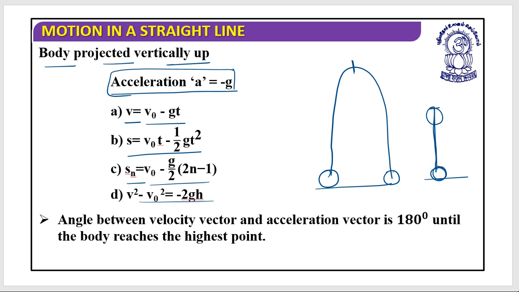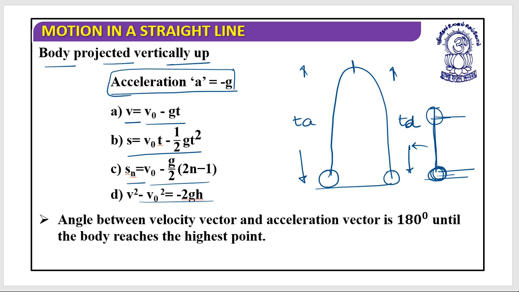But if I draw like this, I cannot see two different paths, the time of the upward journey that we call the time of ascent, and the time of the downward journey, the time of descent. So in this situation it is not visible. This is the practical situation, and if I draw it like this, then we can have a sense of both motions, the motion in the upward journey as well as in the downward journey.